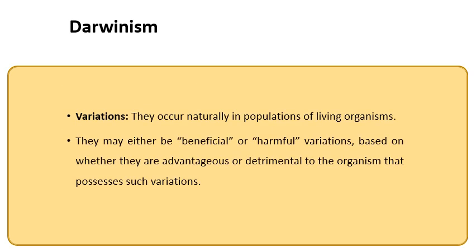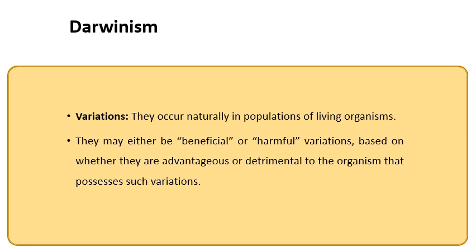The third important postulate of Darwin is variation, development of variation. Darwin observed that variation is a universal phenomenon. Each and every living organism has a different character. This difference in the character which we can see among the individuals is called variation.